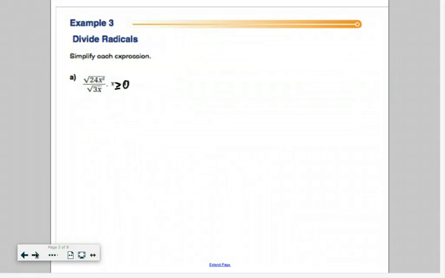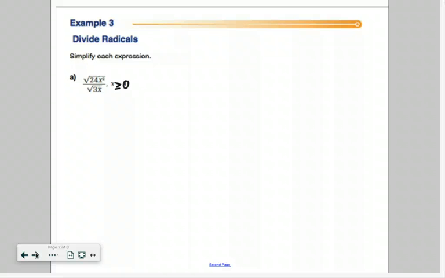Okay? And the same thing again works with variables, right? So here I have the square root of 24x squared divided by the square root of 3x, and they've given me a restriction where x needs to be bigger than 0, which makes sense because it's a square root and square roots need to be positive.